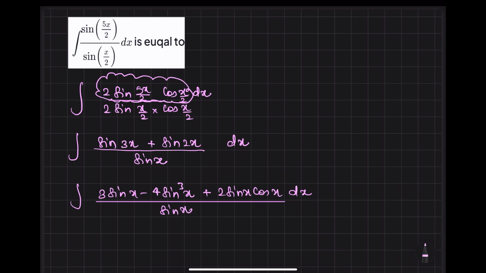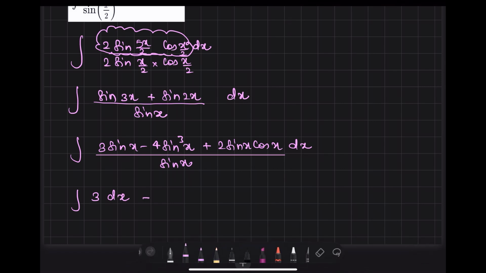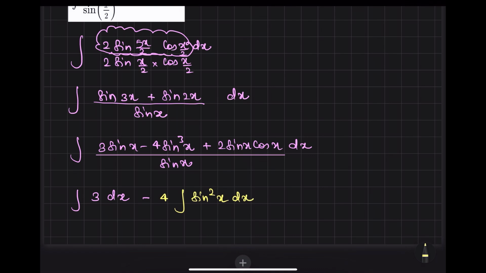We have sin x in the denominator. Now you have to simplify things. In the first component you will have 3 dx. In the second component you will have minus 4 sine square x dx.